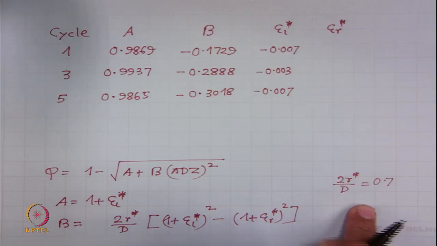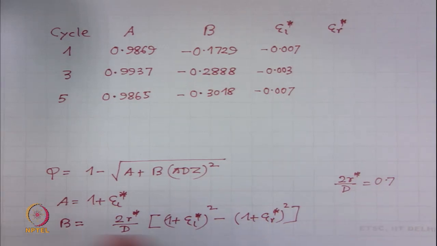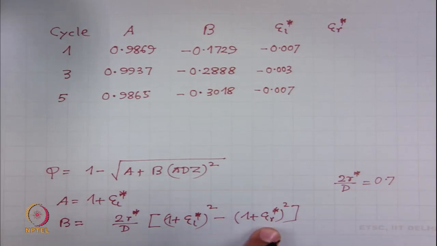You know 2 r star by d is equal to 0.7, we consider it. By using this equation, you will be able to find this value epsilon r star, the relative extension of radius.